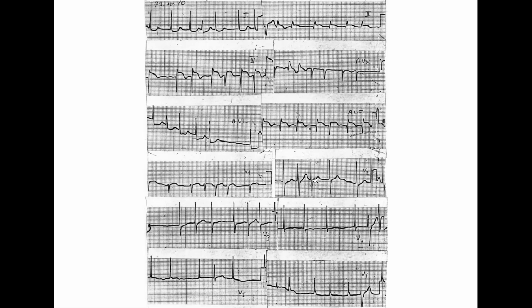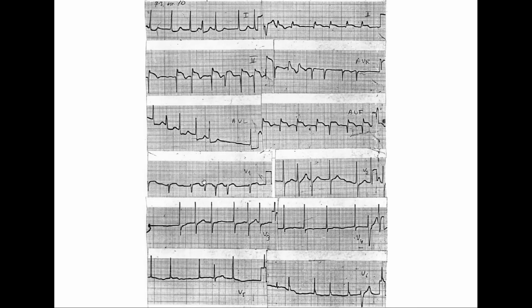Let's look at the chest leads, because inferior MI is mostly accompanied by a posterior MI. Look at the chest leads, V1, V2, V3, V4, V5, V6. Is there anything that can indicate a posterior extension? I believe V1 being negative. No, V1 is RS, V1 is okay. V2 is RS.